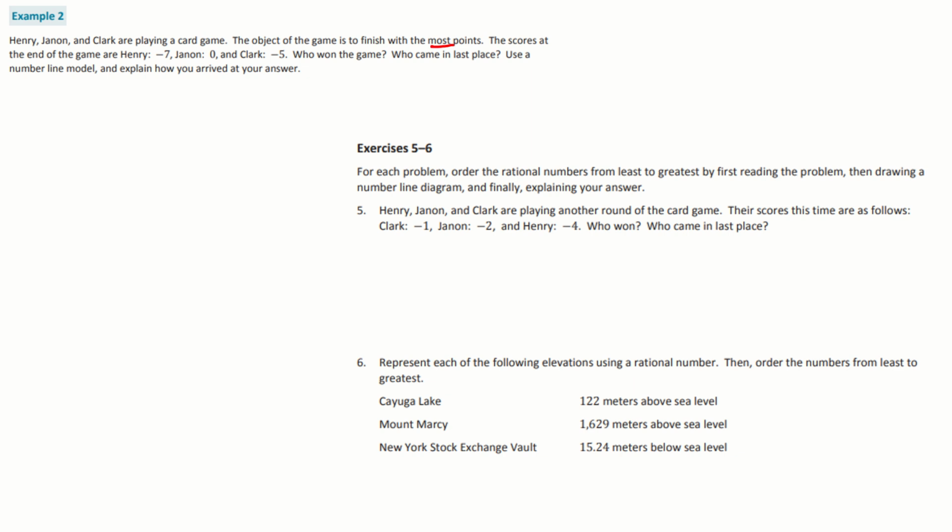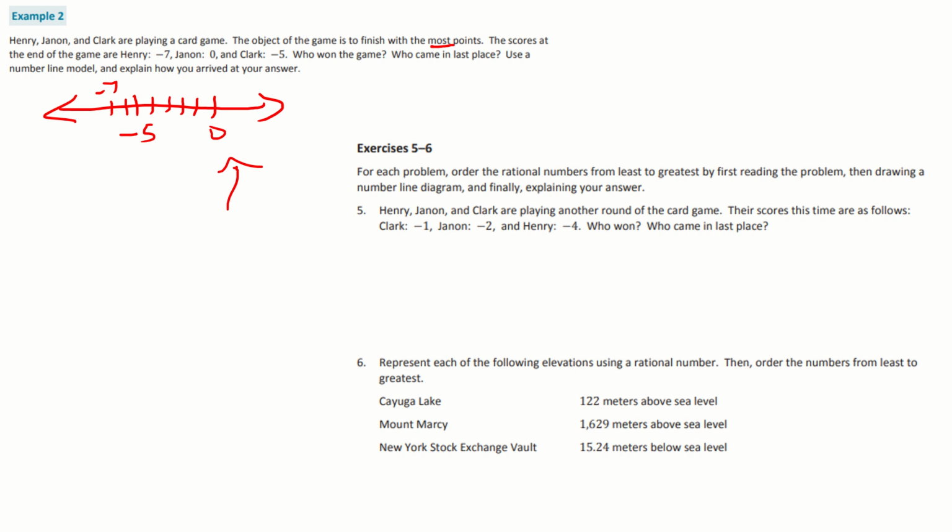I have a -7, and using a number line here, if here's my 0, I have -1, -2, -3, -4, and -5, -6, -7. Well, if you want the most points, the most out of these 3 is the 0.